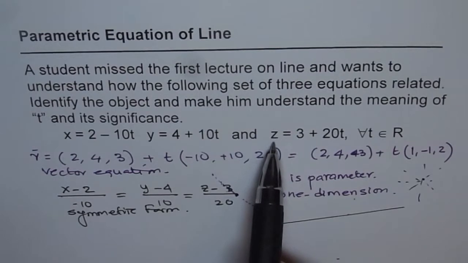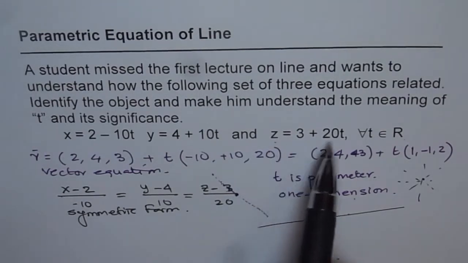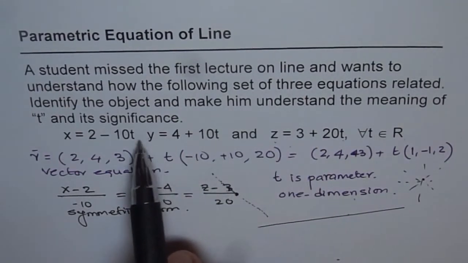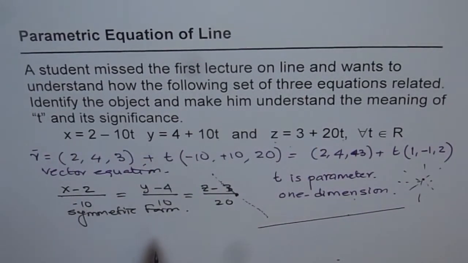So you can equate z equals 0 and find the value of t, which will be minus 3 over 20. And if you use that value of t here, you can find the xy point, and therefore the intercept with the xy plane. So that is how we can use this equation in different forms and apply it. I hope you understand and appreciate it.